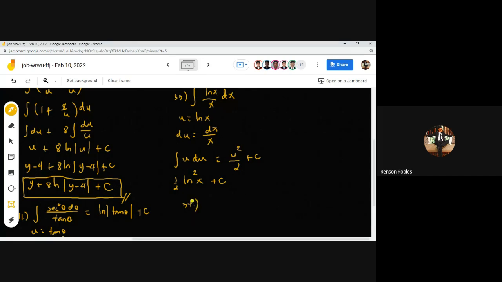34. Integral of arctangent of x dx all over 1 plus x squared, evaluated from 0 to 1.